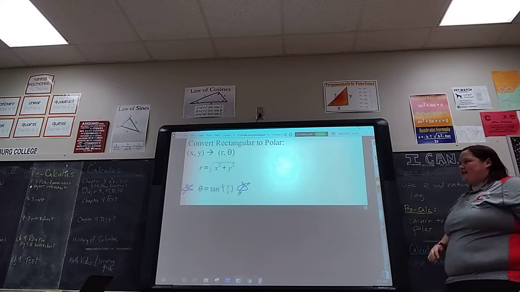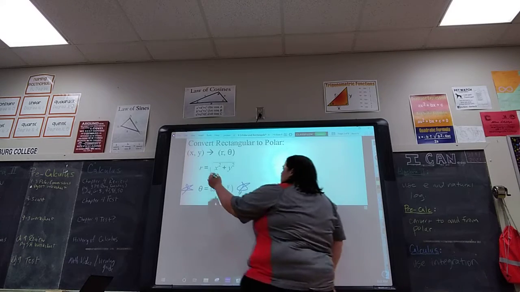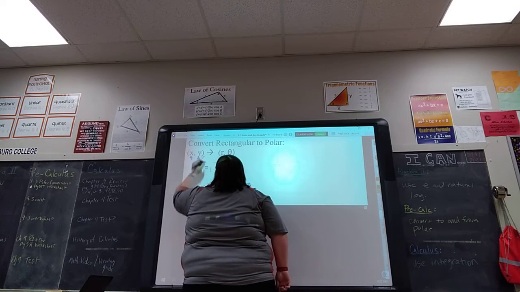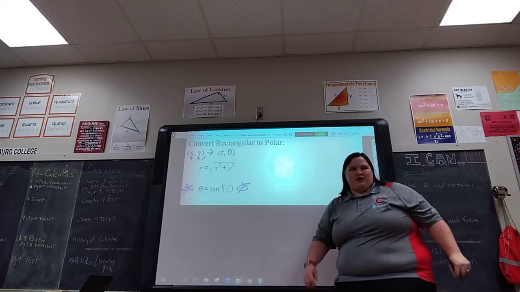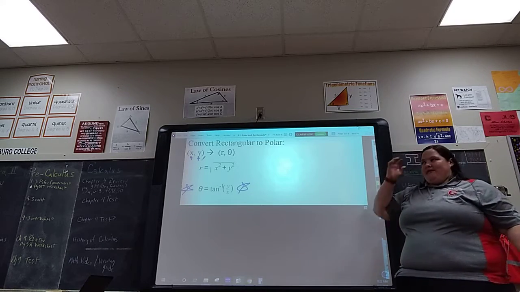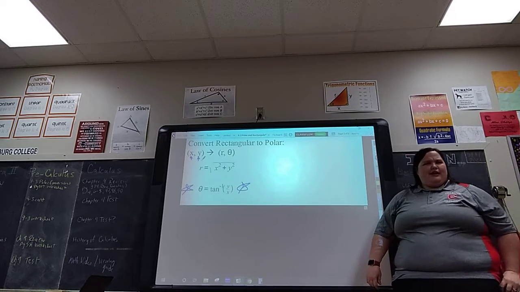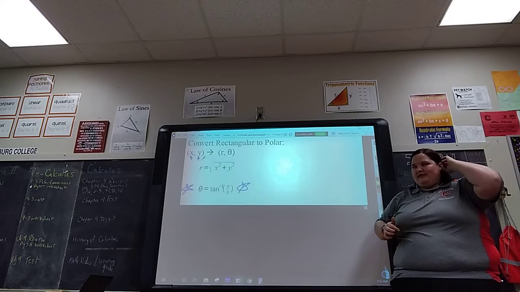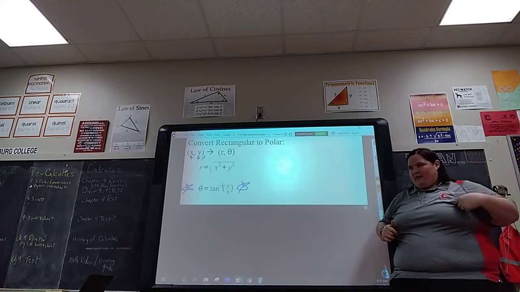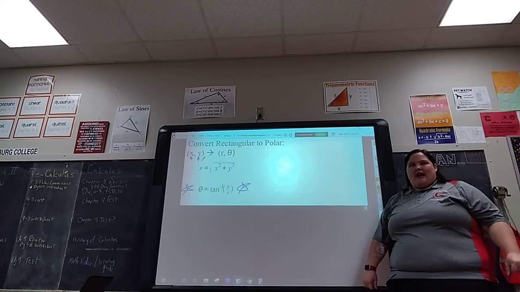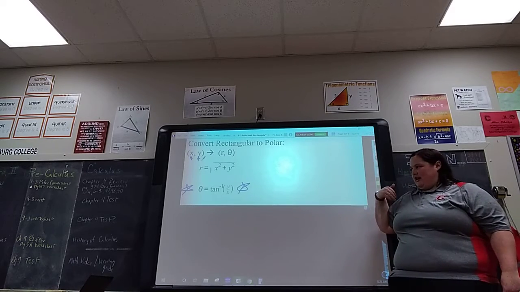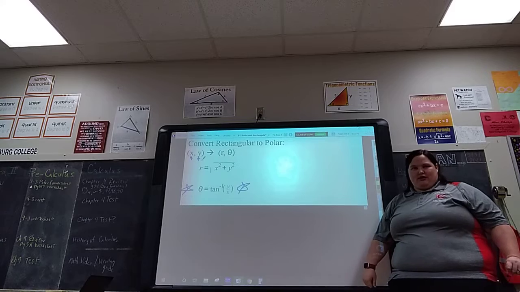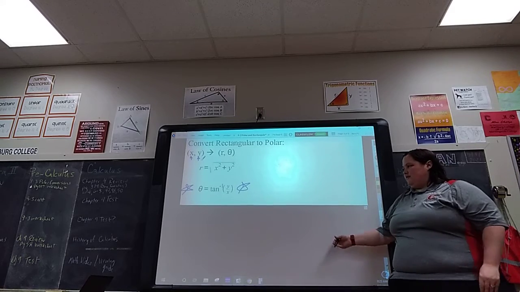And that all depends on what x and y are originally. If there's a negative in there, if you put a negative into tangent inverse, it doesn't always read that negative correctly. So you have to watch out for negatives when you're putting it into the tangent inverse formula.